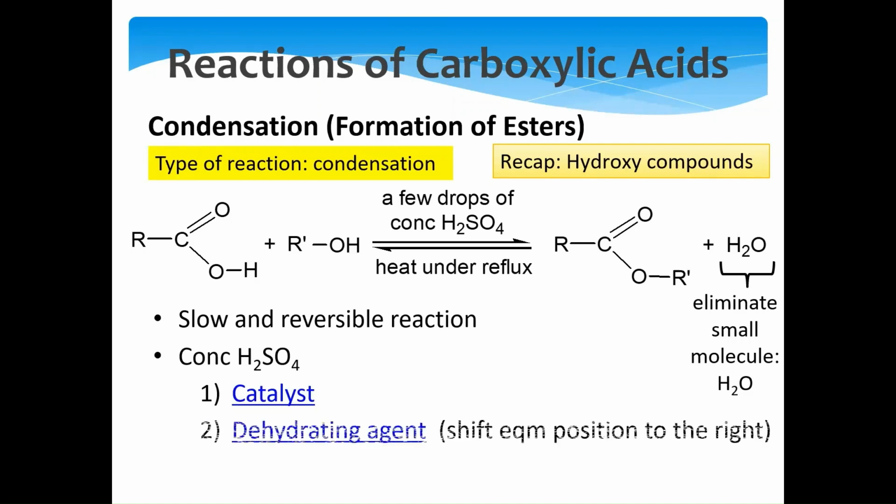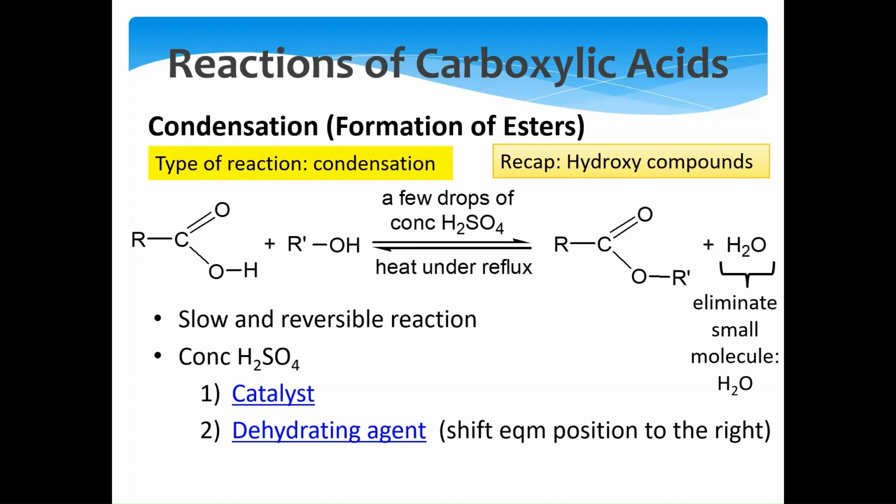The second role of conc. H2SO4 is as a dehydrating agent, because it will react with the water that's formed from the reaction. It will then shift the position of equilibrium to the right, and in the process give you a higher yield of the ester.